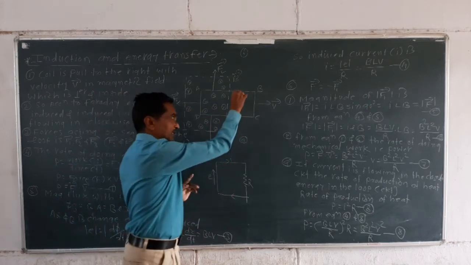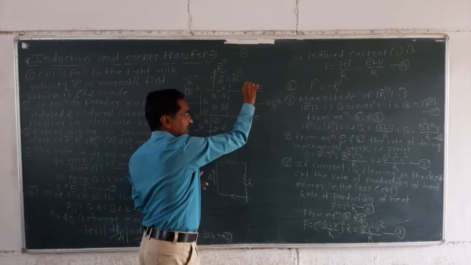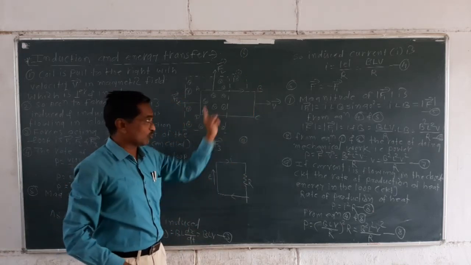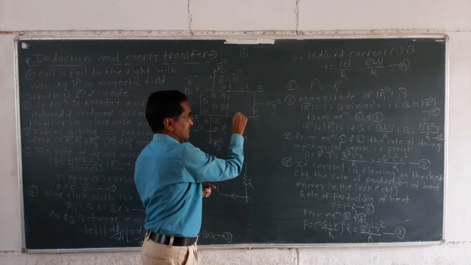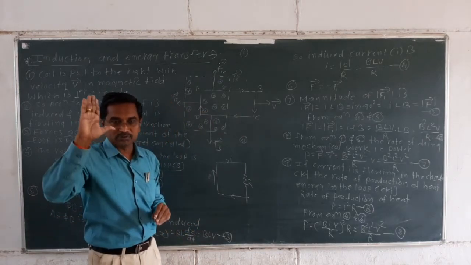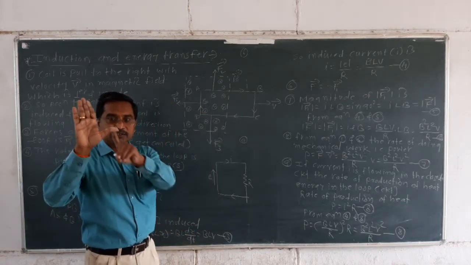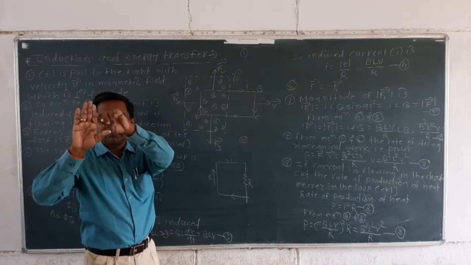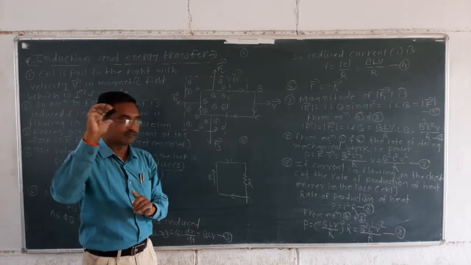So if you take the direction of the induced current here in the clockwise direction, then according to the right hand rule, it gives the direction of the magnetic field. The thumb is in the direction of current and the remaining fingers curve around it.